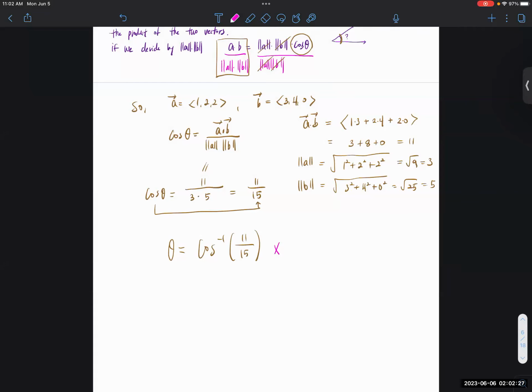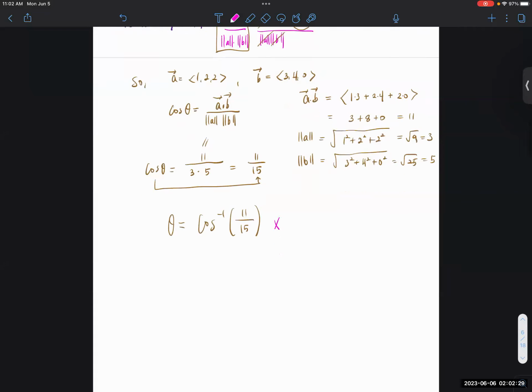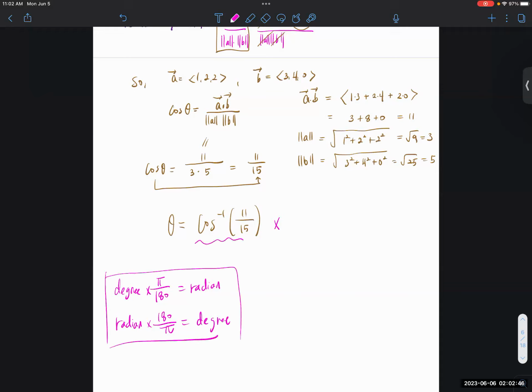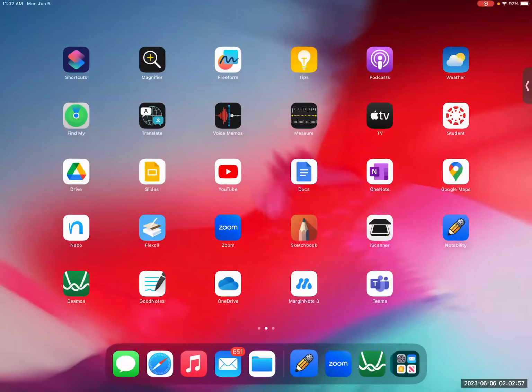Do you remember, degrees times pi over 180 gives you the radians, and radians times the opposite, 180 over pi, gives you back the degrees. So this is already in radians, so to find the degrees, multiply by 180 over pi. If you want to know exactly, go to decimal.